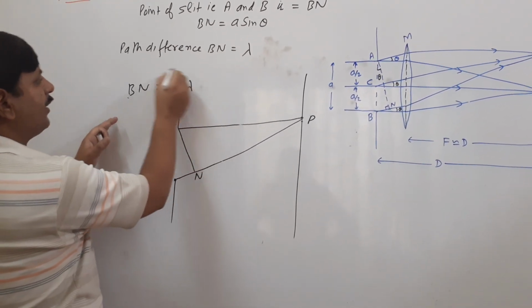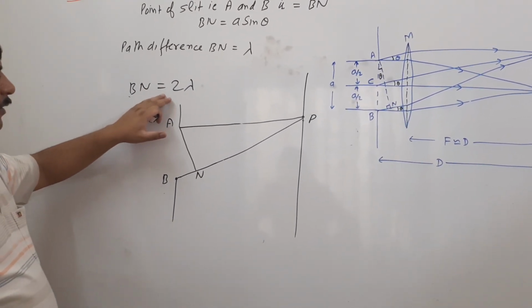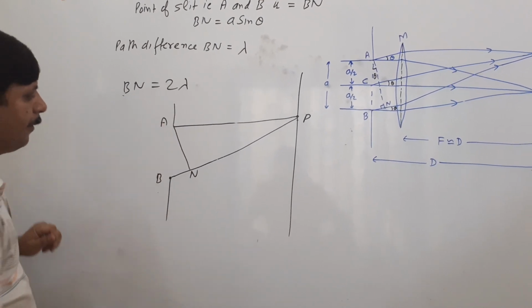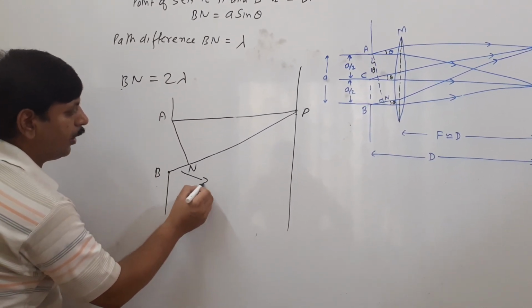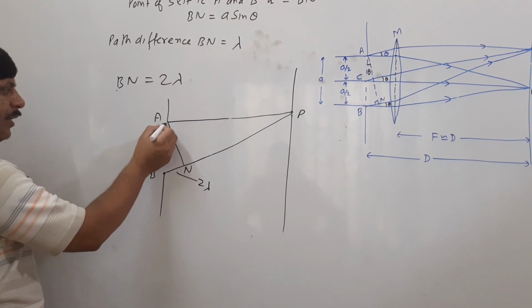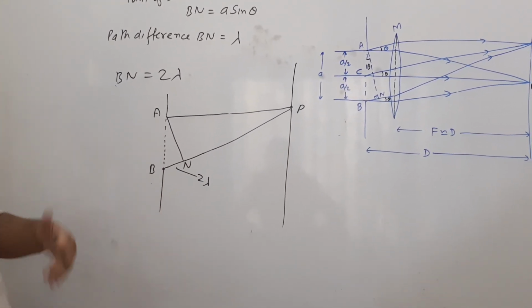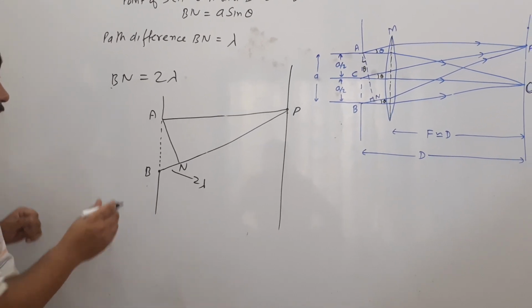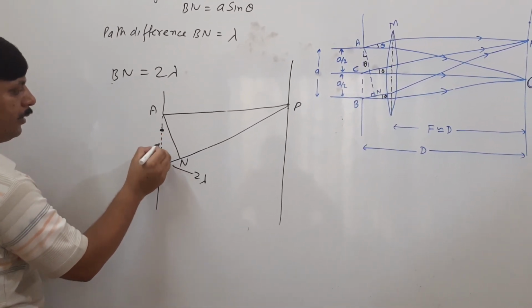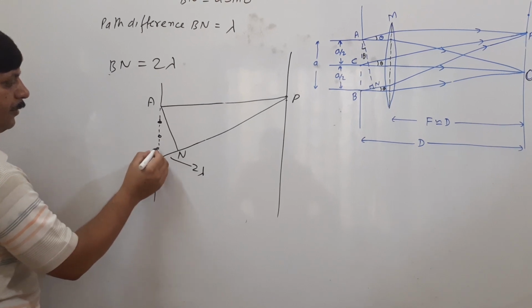This time the path difference between the end points is 2 lambda, so I have taken Bn as 2 lambda. This time I am dividing the whole wavefront, the whole slit, into 4 parts.